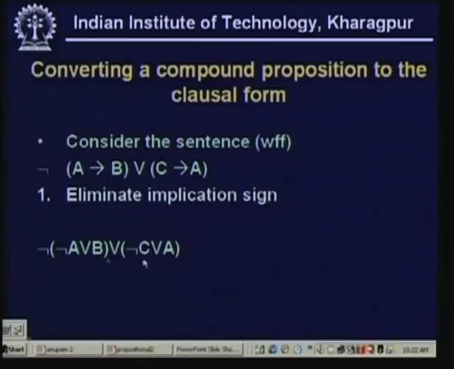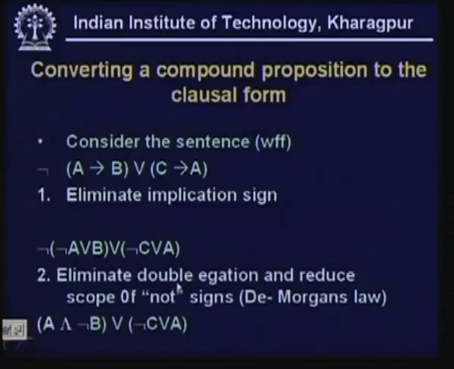Now, we have got this, still it is not a clausal form. Now, how can we make it a clausal form? We will have to eliminate the double negation sign and reduce the scope of the not signs using De Morgan's law. So, I had not of not A or B. I will remove this double negation.